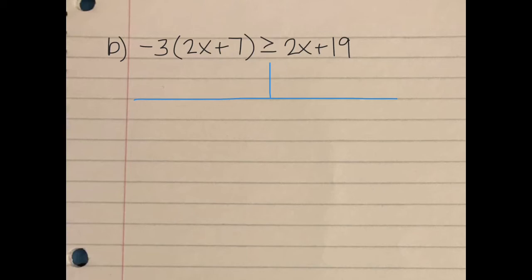What I know is that if I have to take away 3 copies of 2x plus 7, because I don't have anything here right now to take away, I am going to have to bring in 3 0 pairs of 2x plus 7, and then the opposite of that, 2 stars plus negative 7. I'm going to have to bring in 3 copies of each and take away the 3 copies of 2x plus 7.